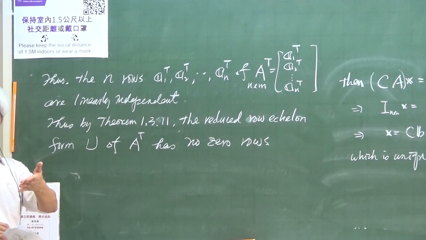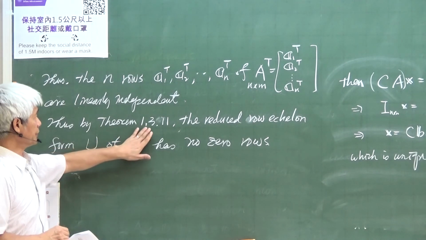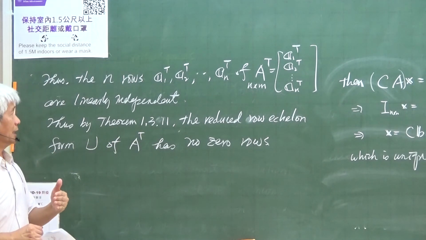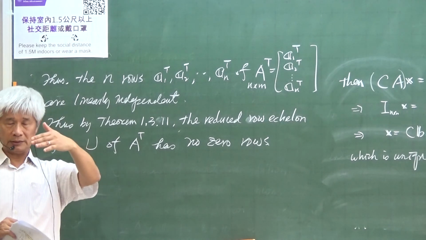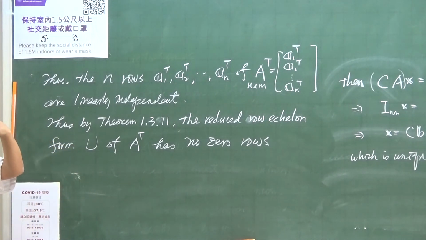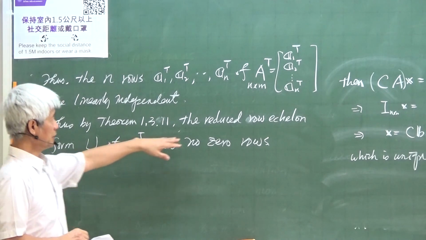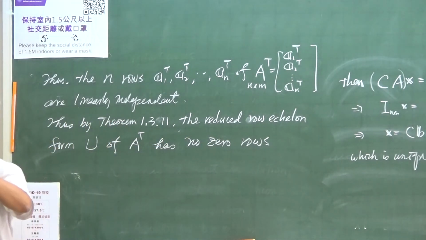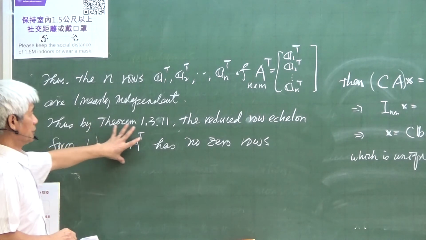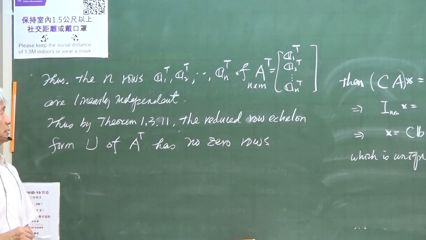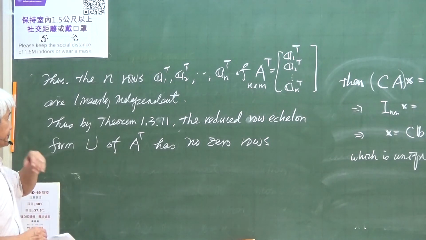If you go back to look at Theorem 1.3.11, it says that if the rows of a matrix are linearly dependent, then the reduced row echelon form or any row echelon form has a zero row. So we use the converse.